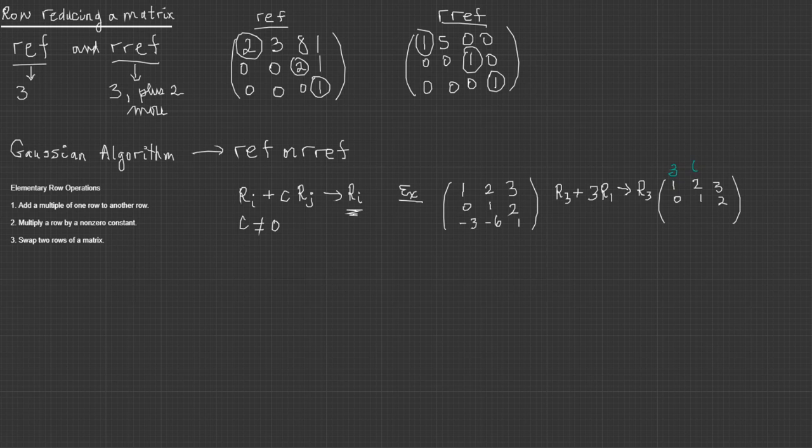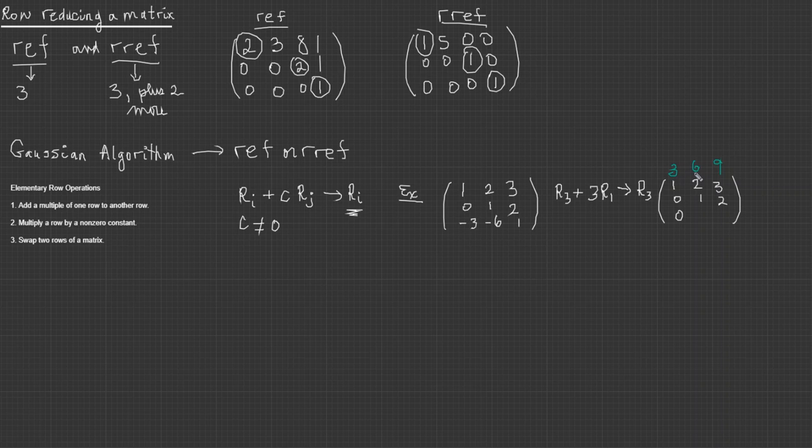So that would be, I'm going to write that in green here, 3, 6, 9. And then with that result, we're going to add that to row 3. So in this case, our row 3 was -3, -6, 1. So what we do is we add 3 to -3, and we're going to put that back into row 3. So that's just going to give us 0.